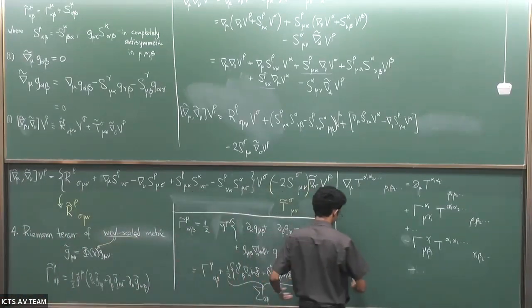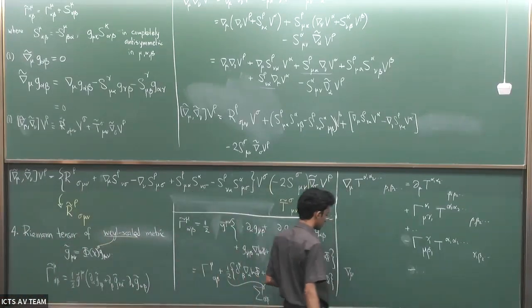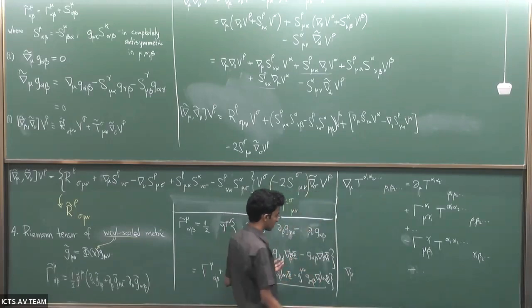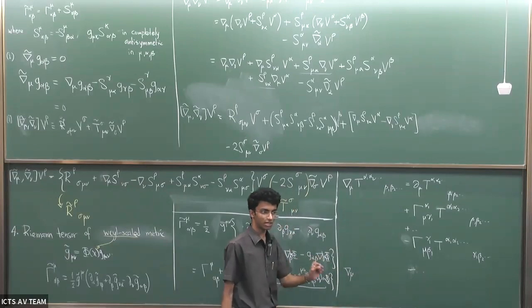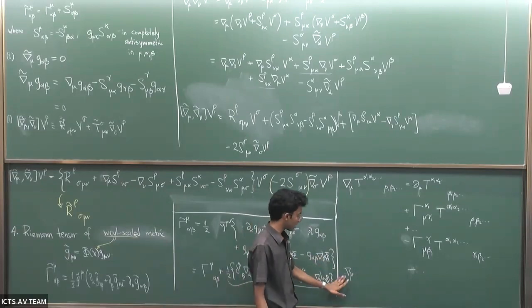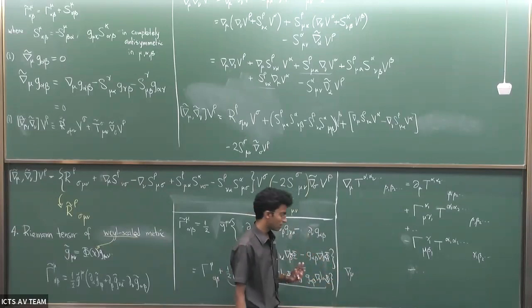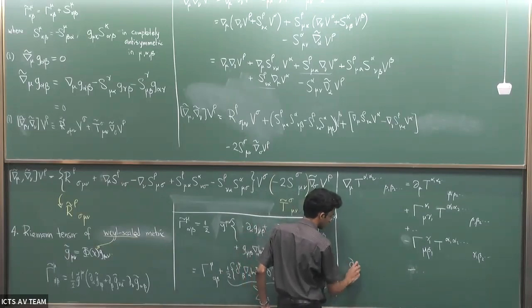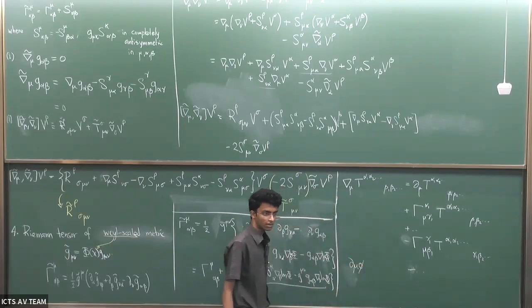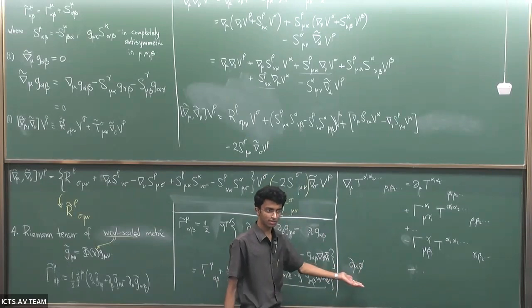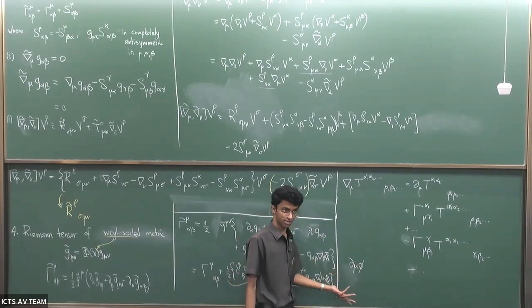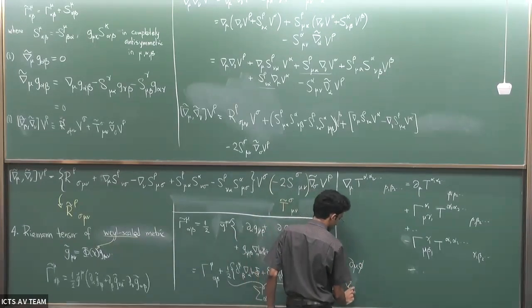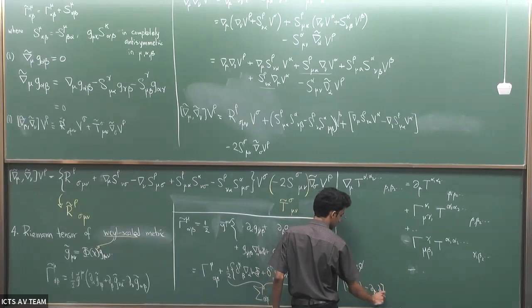Another way to motivate this is, what is a covariant derivative? A covariant derivative is anything that takes in a tensor and gives out a tensor. If it takes in a PQ tensor, it gives you a PQ plus one tensor, right? So the covariant derivative is something that actually gives you a tensorial object. But the point to note is that del mu phi is already a tensorial object, right? If you coordinate transform, this transforms like a tensor. So that motivates you to just simply define right here itself the covariant derivative is equal to the partial derivative. Correct. Now covariant derivatives commute on phi is simply the statement that this is del mu del nu.